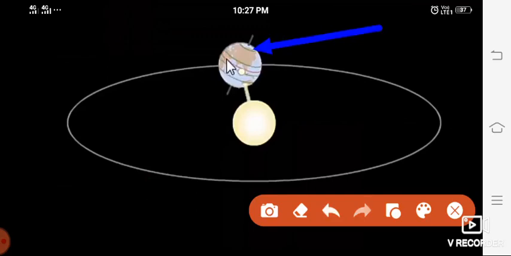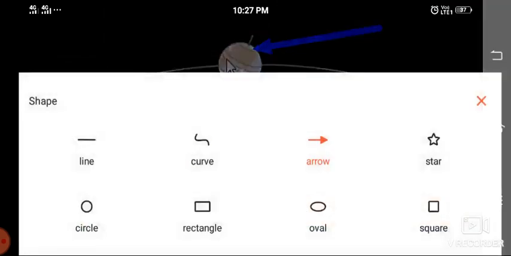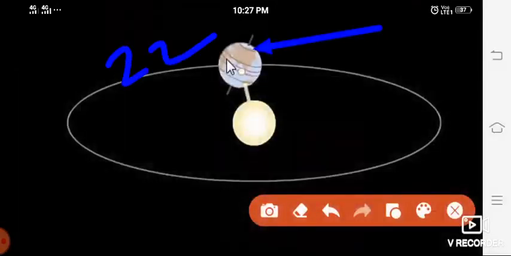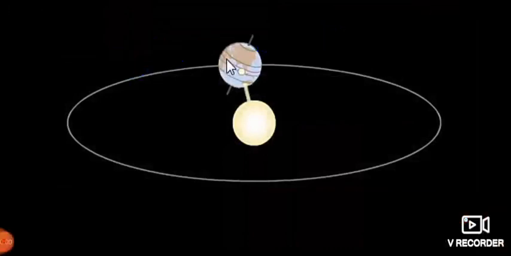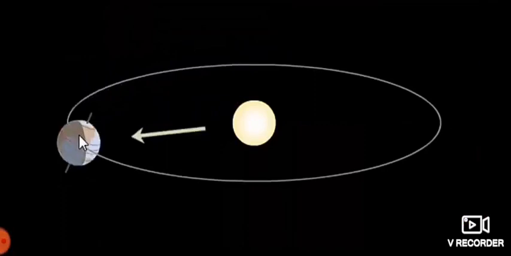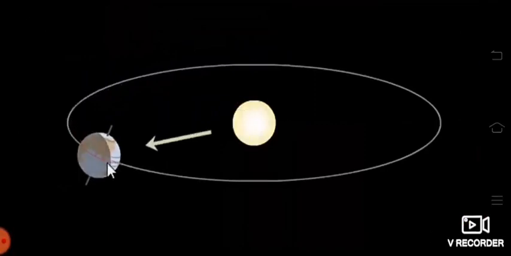So now when the earth starts revolving, we will consider this as 22nd March. Okay, so suppose this is 22nd March, then you can see now, as I start the video, the northern hemisphere will be close to the sun. Can you see here? Northern hemisphere is close.